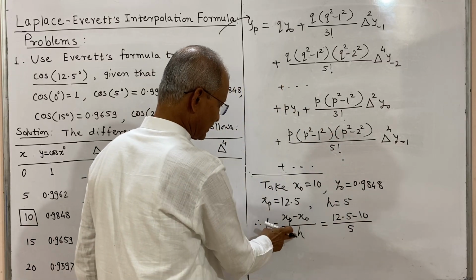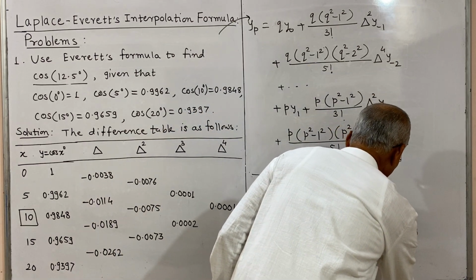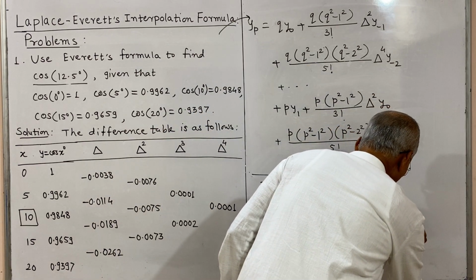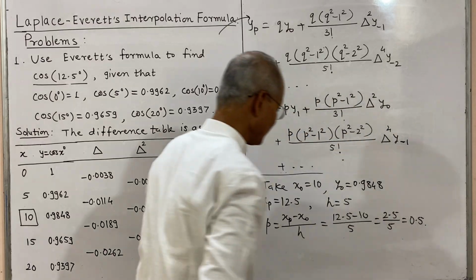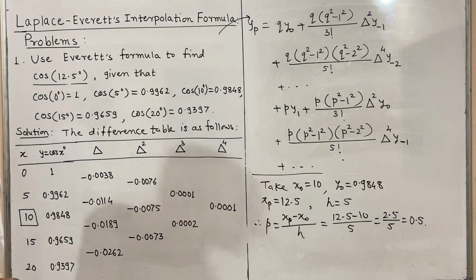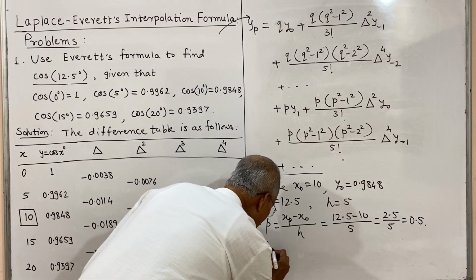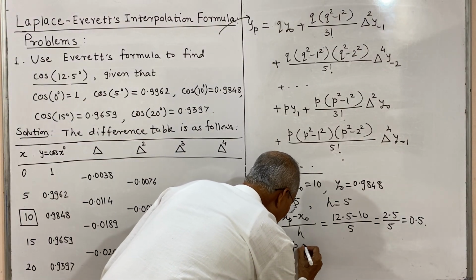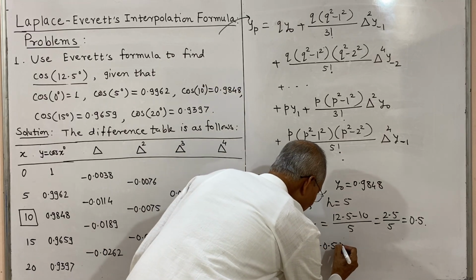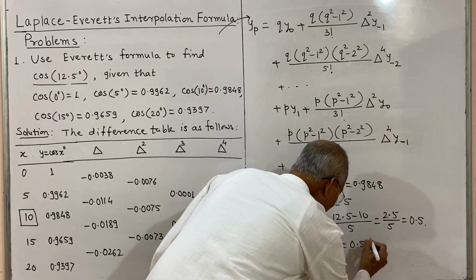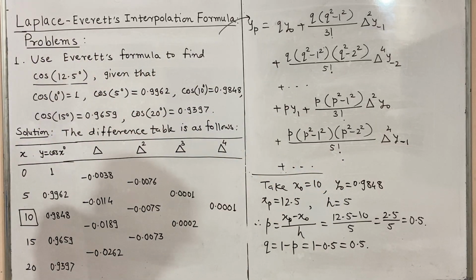This difference is 2.5 divided by 5, which is actually half, or 0.5. This is the value of p, and once the value of p is obtained, we write the value of q. Q is 1 minus p, that is 1 minus 0.5. Again it is 0.5, and we know the formula is suitable for this value of p.